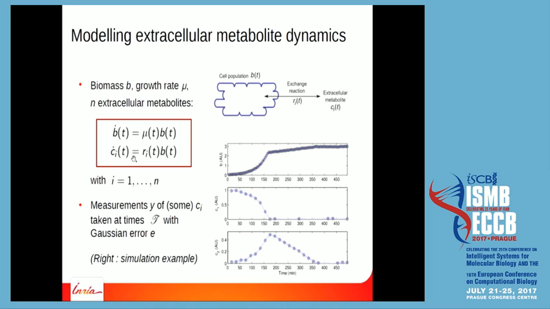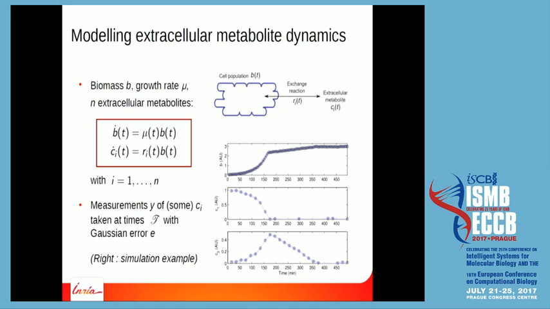So Ci is the concentration of a metabolite i in the medium that is exchanged at the rate Ri times the actual biomass present in the growth medium. So the more cells, the more exchange, proportional to rate Ri. Our unknowns will be the growth rate mu and the exchange rates Ri for i going from 1 through n metabolites.